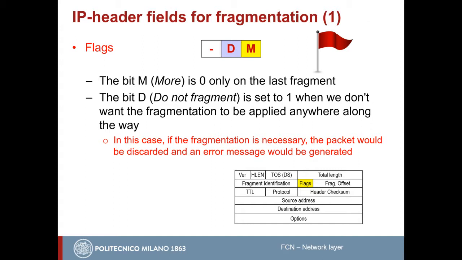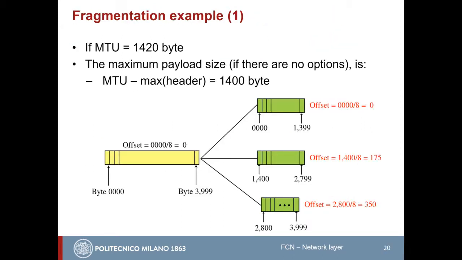In this case, the packet is discarded. Since it is marked with the do not fragment flag set, instead of fragmenting the packet it is discarded and a notification is sent back to the source. So these are the two flags that are involved in the fragmentation operation.